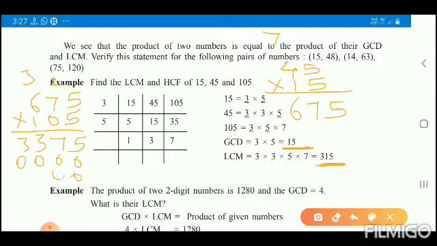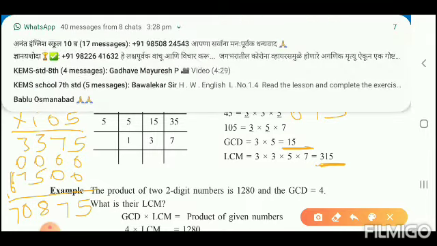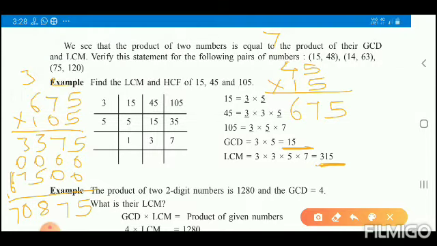Again 2 zeros and 675 ones are 675. Okay. Now I will add this. The answer is 70,875.